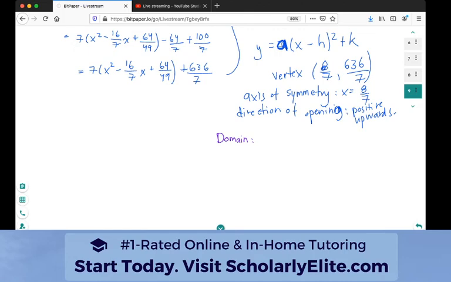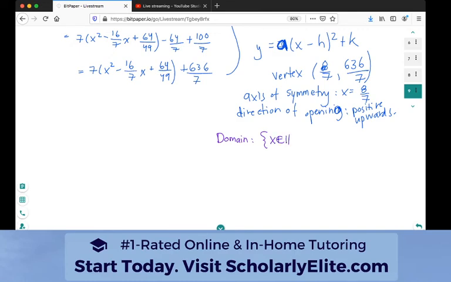Keeping that in mind, the domain is basically there to tell you what are the actual possible values of x. And in this case, because this is an infinite function, our values of x are infinite. So in that case, we're going to have the domain like this.